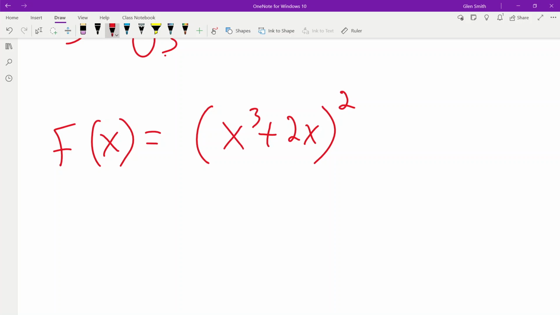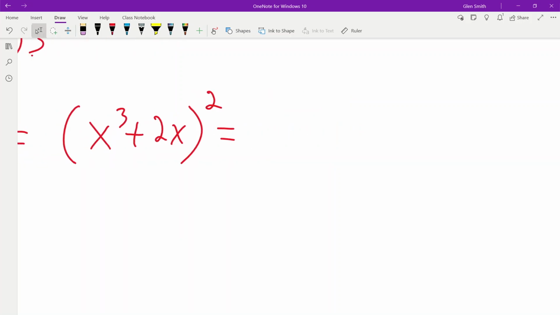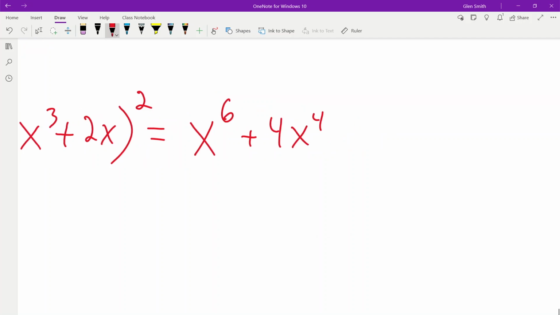Everybody knows, actually, not everybody knows, that something plus something squared is not the first thing squared plus the second thing squared. It doesn't work like that. It's the first thing squared. Do you all know x cubed squared is x to the 6th? That's x cubed times x cubed. Plus, double them together. That's 2x to the 4th times 2. That's the middle term when you square something out. Plus the last thing squared.